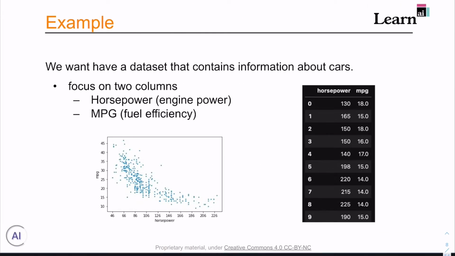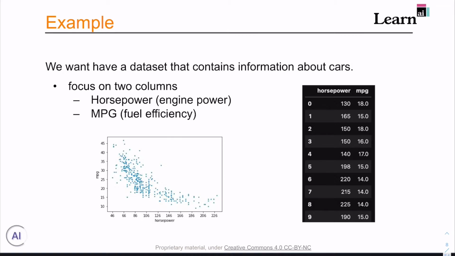So we're going to be working with a little toy example today, and it's just going to be a good illustration of some of the concepts that we're learning. I've linked in the last slide a link that you can download this data and work on it for yourself. It's a data set of cars, and there's a bunch of columns, but for now we're going to focus on two columns of the data: horsepower, which is basically how much power the engine has, and miles per gallon, which is a measure of fuel efficiency.